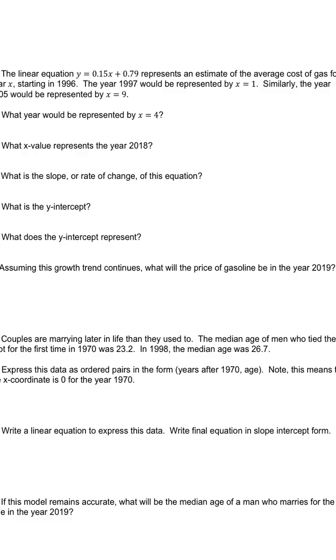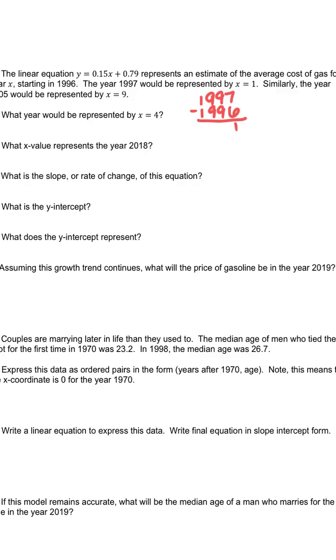So now let's do number 6. The linear equation y equals 0.15x plus 0.79 represents an estimate of the average cost of gas for year x starting in 1996. The year 1997 would be represented by x equals 1. Why? Well, if we have 1997 minus 1996, again, these are years, we'll be left with 1.